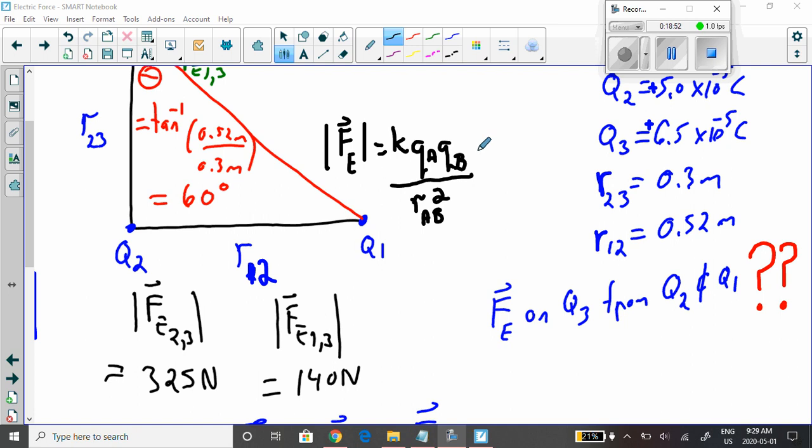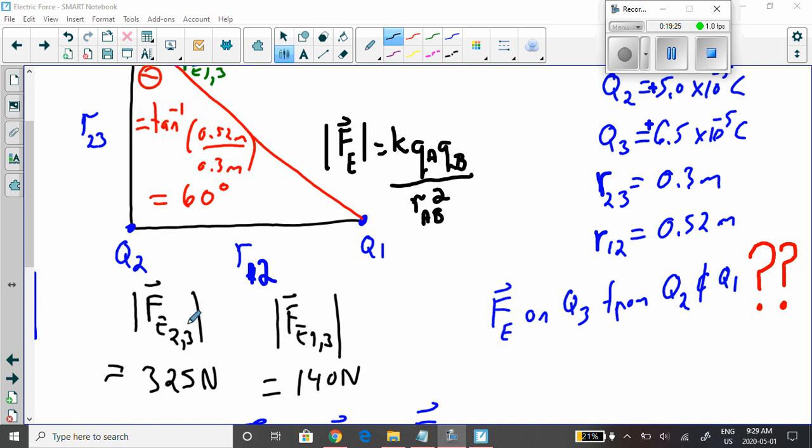So now what we're going to do is find the magnitudes of the forces we just talked about. And we're going to employ the equation we just learned: K, charge on one object, charge on the other object, divided by how far apart they are squared. So how are we going to do that? Well, the first thing we want to do is find the magnitude of the electric force between charge Q2 and charge Q3.